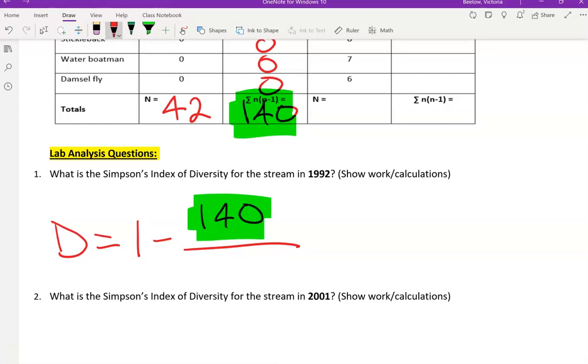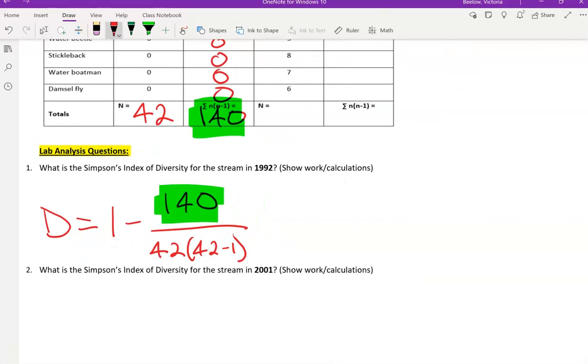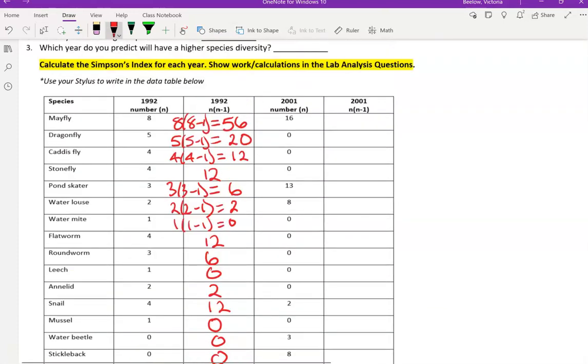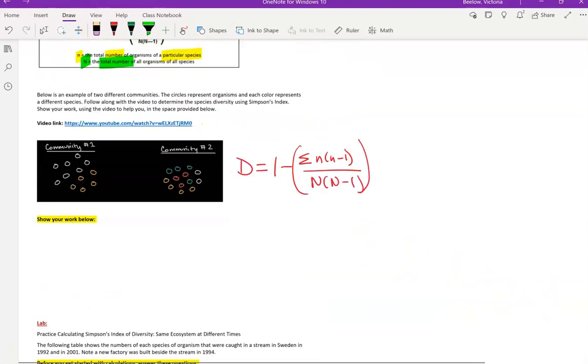So remember, on the bottom, it's that big N, which is 42, and then 42 minus 1, we have to multiply those together, okay? So again, I'm using this equation right here. I already did this part because I used the chart to do that, and now I'm doing this calculation here.